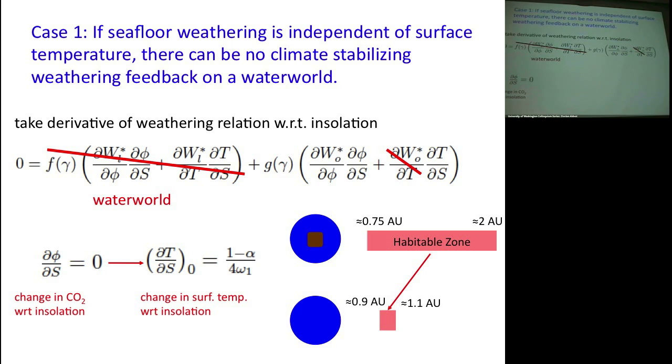And you'll just build up to some immense high CO2 value. Maybe it's 0.1 bars, maybe it's 10 bars, something high. And it's just going to stay there. The CO2 doesn't care where the planet is relative to the star, what the insolation is. And so you can have no weathering feedback. And so that's physically why you get dp/dS equals 0.